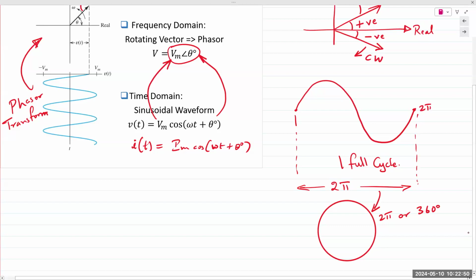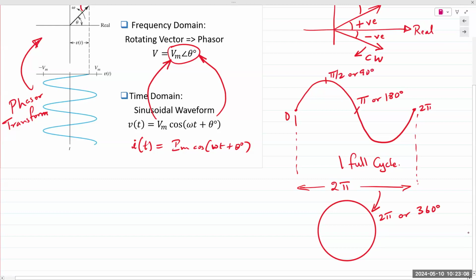This is 2 pi, 0. A half cycle is pi, or 180 degrees. And then a quarter cycle is pi by 2, or 90 degrees.